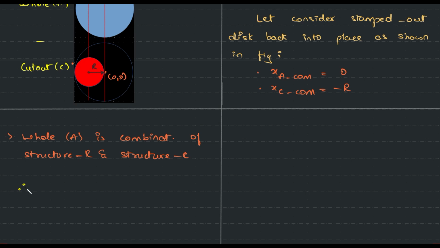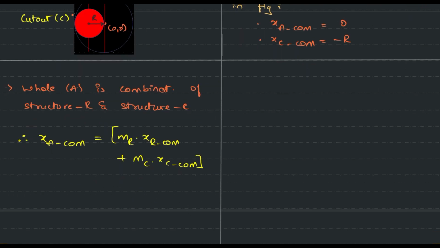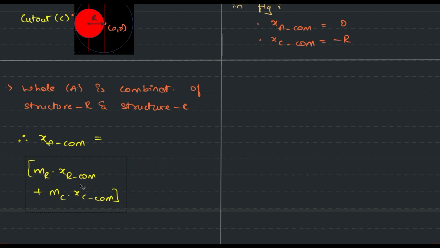So with this fact, can I write the center of mass of structure A along the x-axis as per our formula, m r x? This is from your very start. At the start we had done this, right? So from that formula, can I write this entire expression? I can do a better job actually. I can write it over here and place this over there. Can I do this?